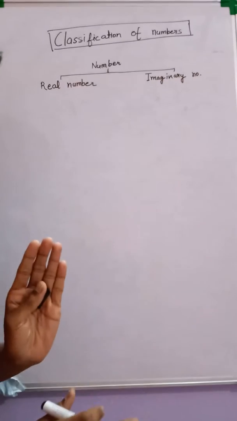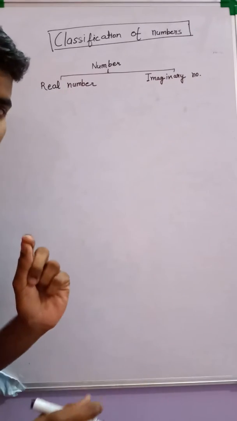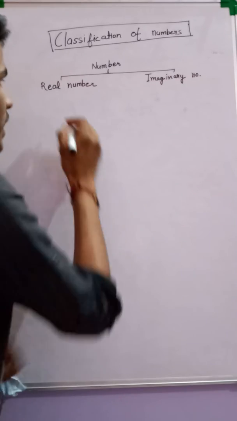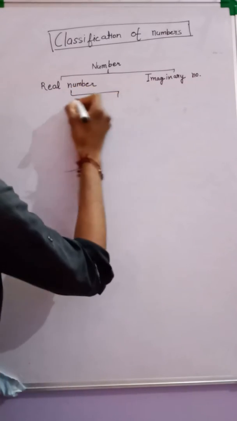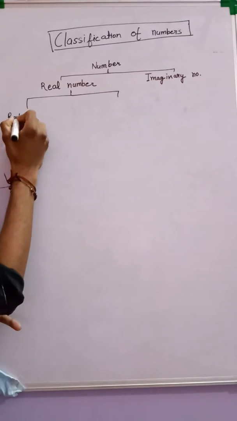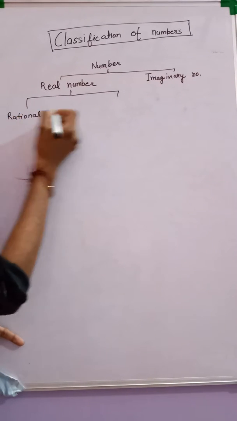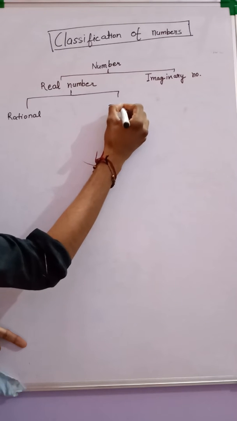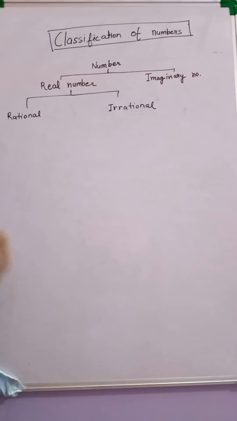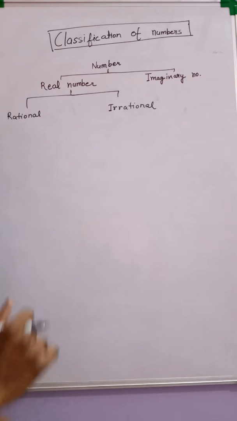What do you mean by real number? A set of rational and irrational numbers is called real number. The real numbers are of two types: rational and irrational number.